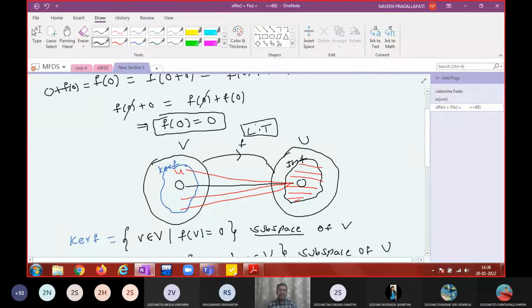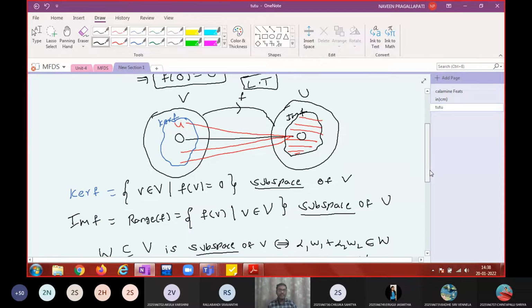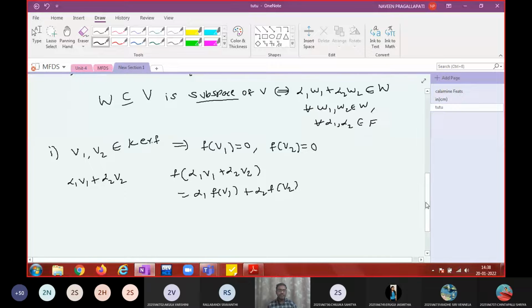Because of the linearity only you are able to write like this. Otherwise you cannot write. So what is f of v1 now? f of v1 is 0. So alpha 1 into 0. And what is f of v2? 0. So alpha 1 into 0 is 0 vector. Alpha 2 into 0 is 0 vector. Basically this is a 0 vector.